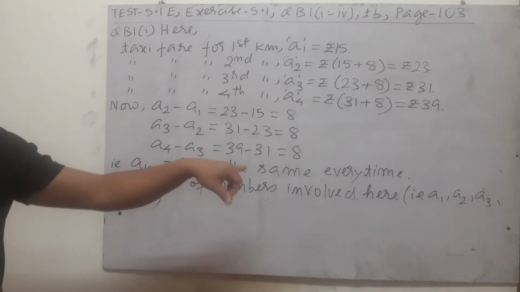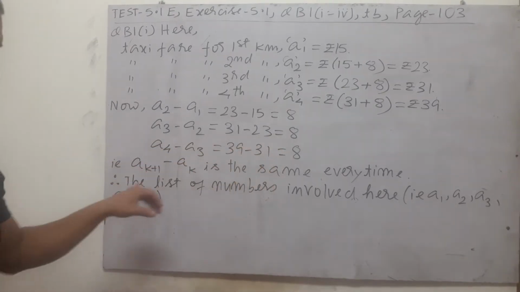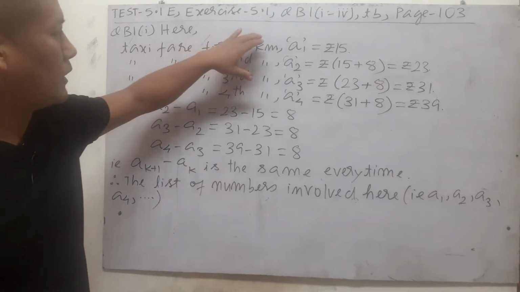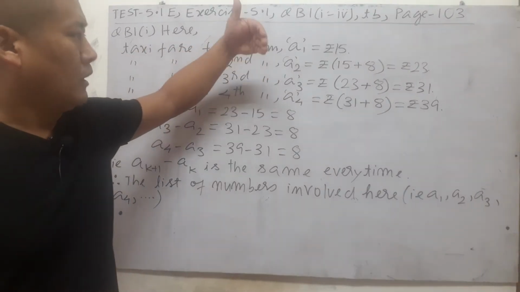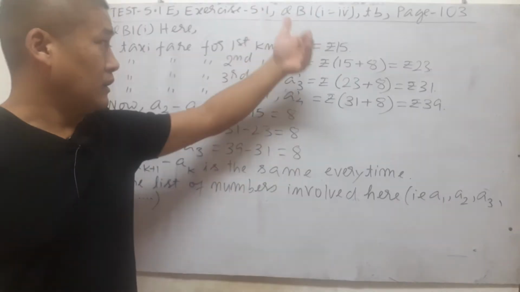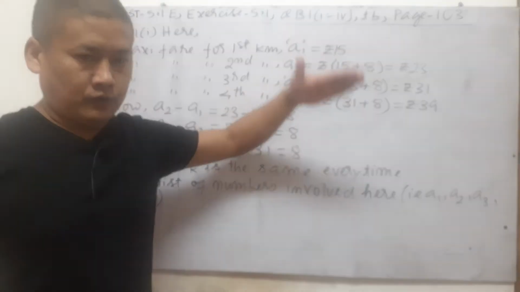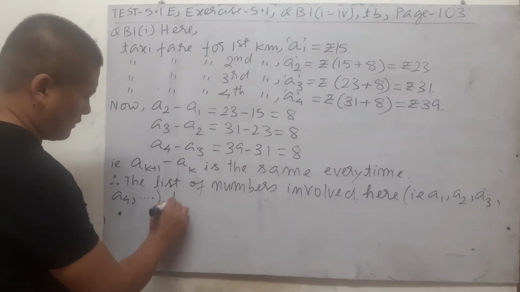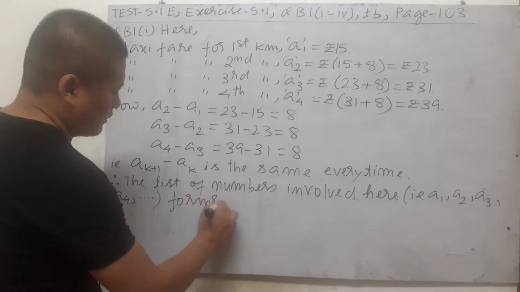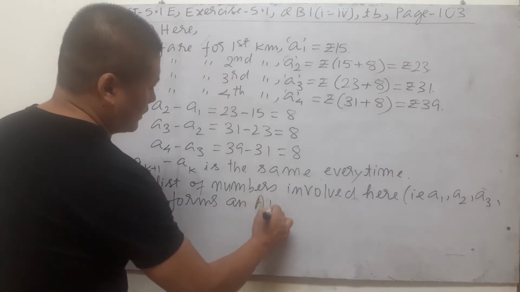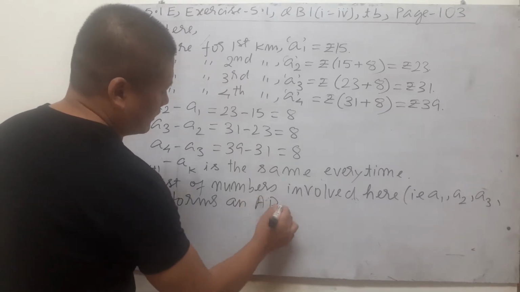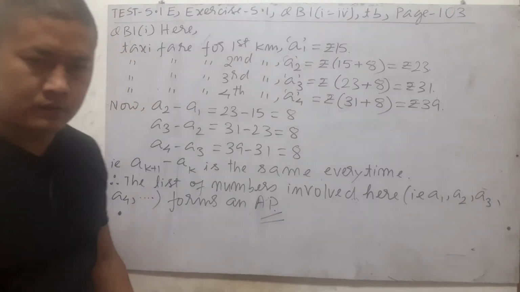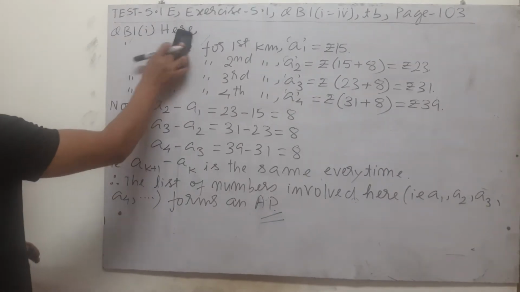So the list of numbers involved here, specifically the taxi fares starting from the first kilometer with a charge of rupees 8 for each additional kilometer, forms an arithmetic progression. So this is an AP. Okay, so that's your first question. Let's do the next one slowly.